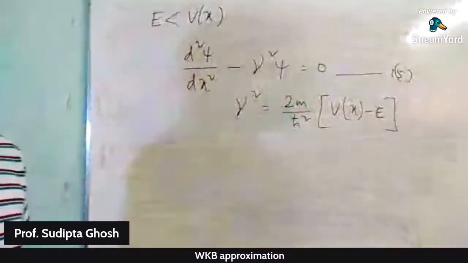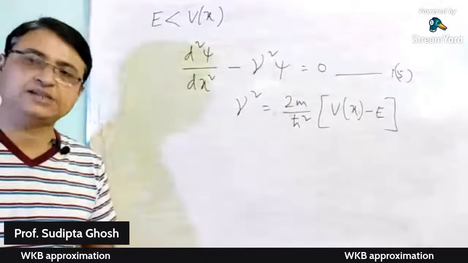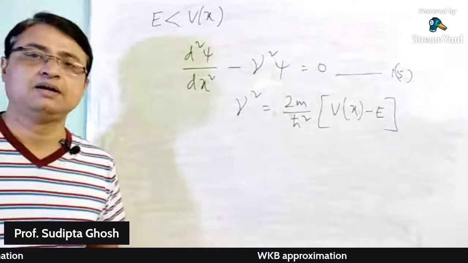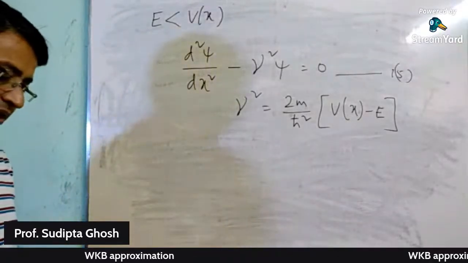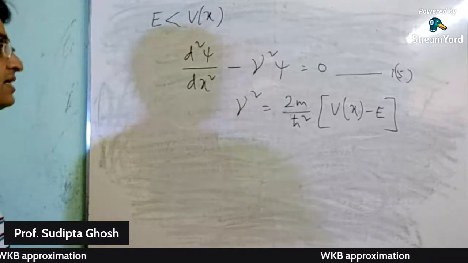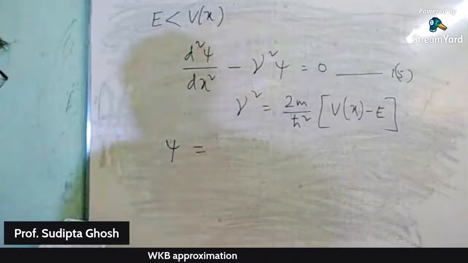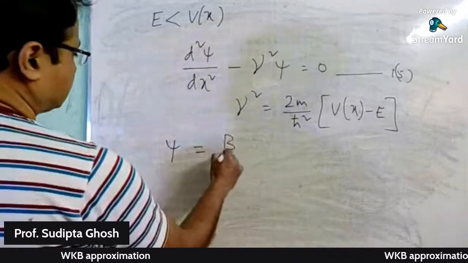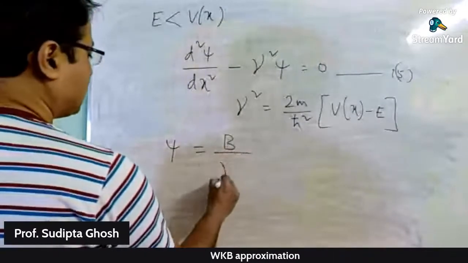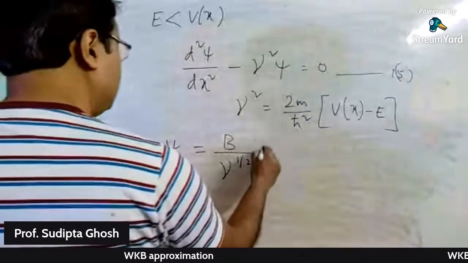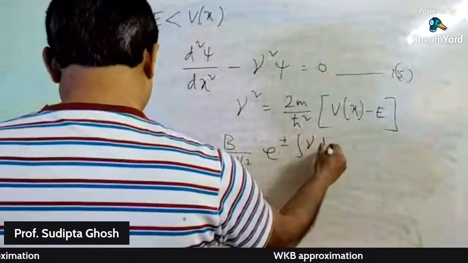Now proceeding in the same fashion as I have done here, I get the solution of equation 15 as psi equals some constant, let it be B, by gamma to the power half, e to the power plus minus integral gamma dx.